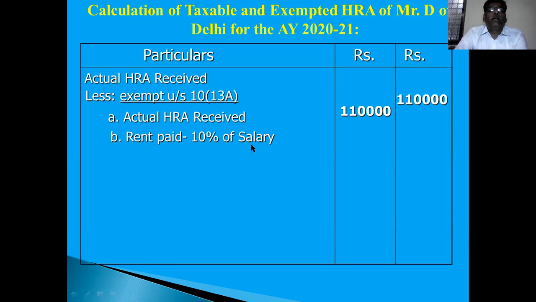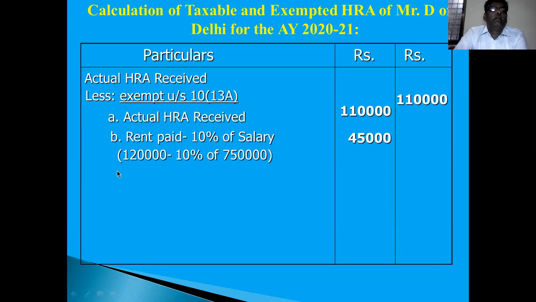Second point is rent paid minus 10% of salary. Rent paid is 1,20,000. His salary is 7,50,000. 10% of 7,50,000 is 75,000. So 1,20,000 minus 75,000 is equal to 45,000.